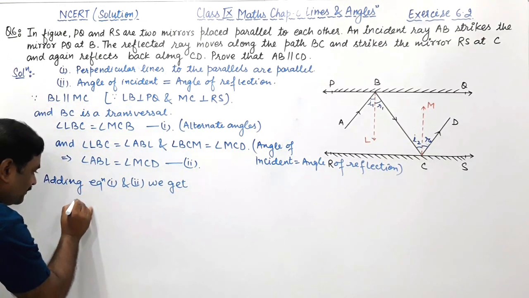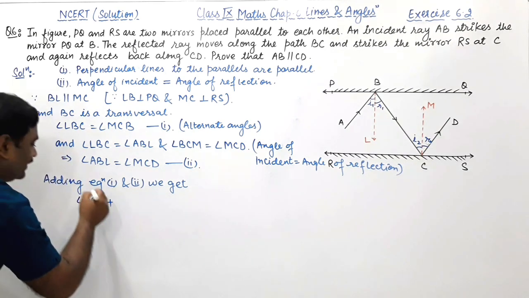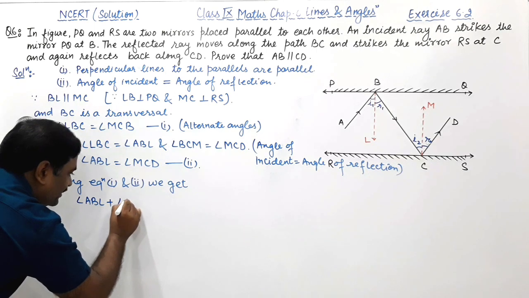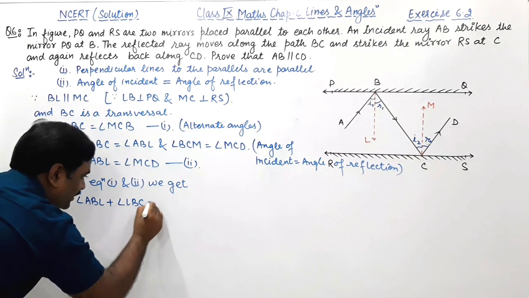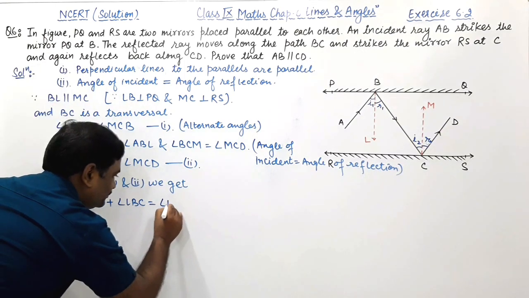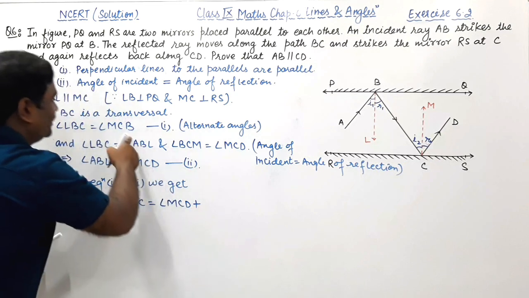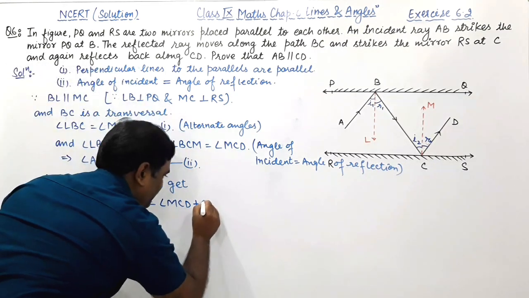Angle ABL plus angle LBC equals angle MCD plus angle MCB.